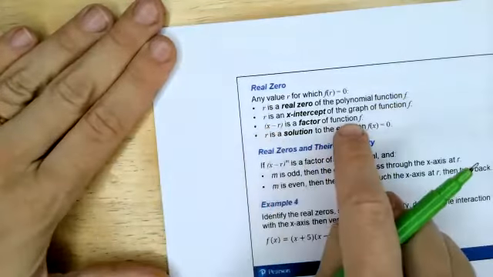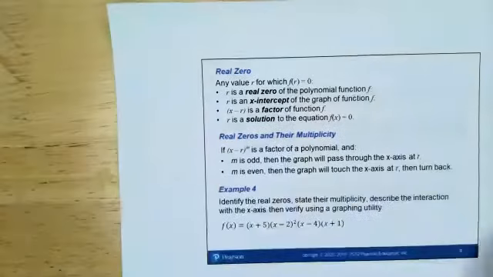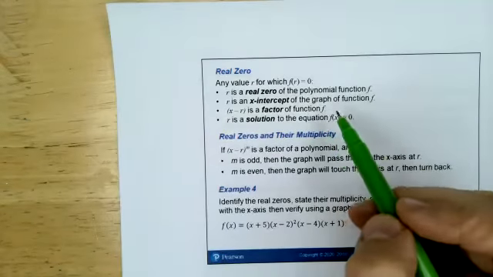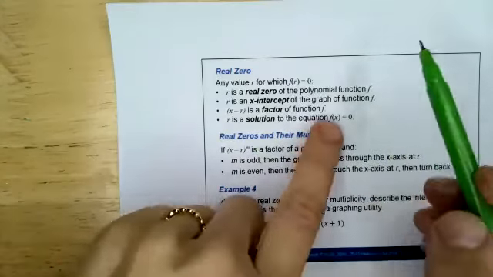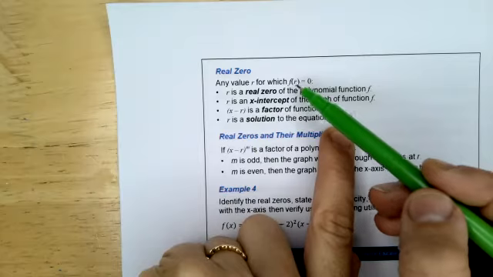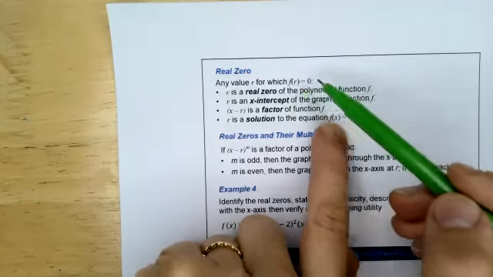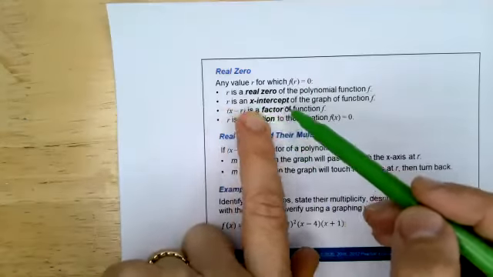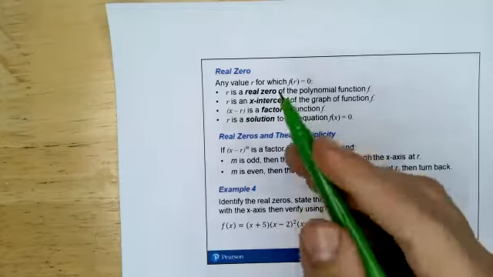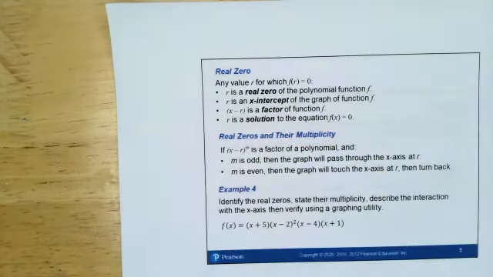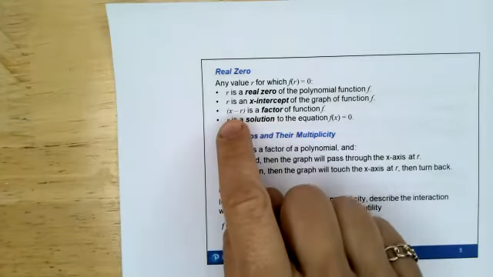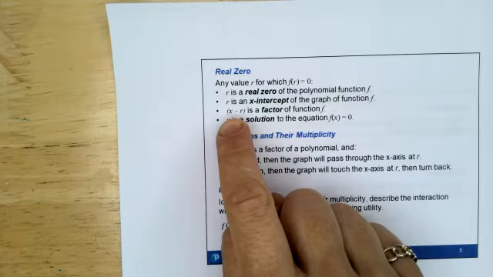So x minus R is a factor of the function, right? It's a solution to the equation f of x equals 0. So it's x when y is 0. It is the x-intercept, and it's a factor when you combine it opposite with x, right?